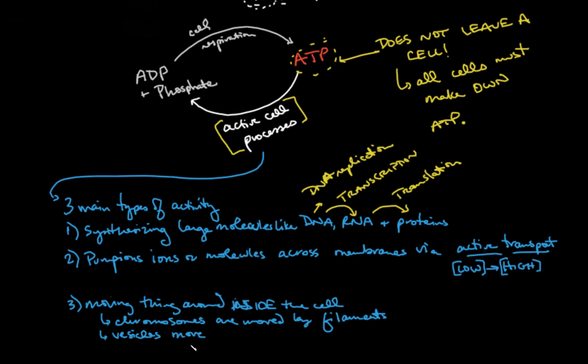So there are little motor proteins that pull them across on the microtubules, or even protein fibers that interlock. Protein fibers within cells that interlock, causing contraction.